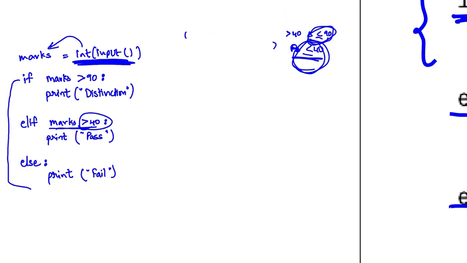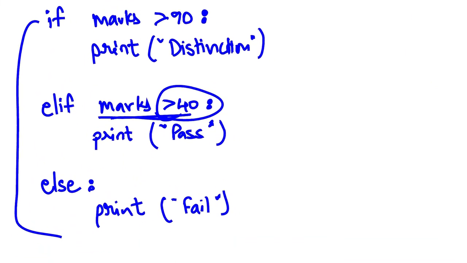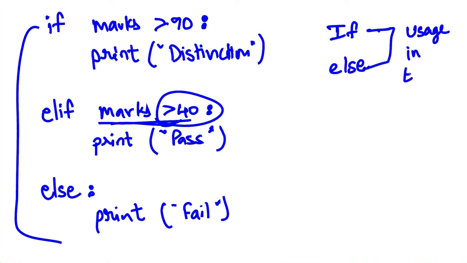That's it for today. If you are clear with the if statement, elif statement and else statement, we can proceed to the programming section. Just remember, if and else are very similar in usage to the English language, so the meaning is the same.